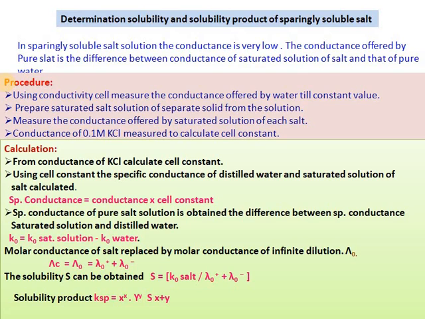From this we can calculate the solubility product Ksp equal to x^x times y^y times S^(x+y). Such calculations are used to determine the solubility and solubility product of a sparingly soluble salt. Thank you.